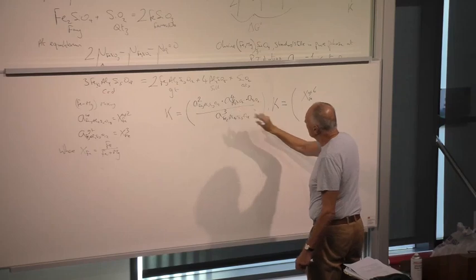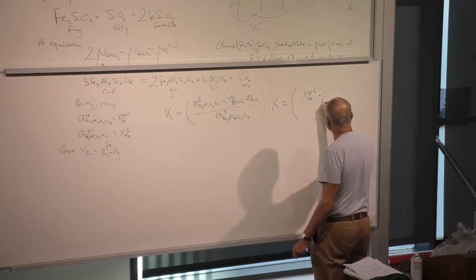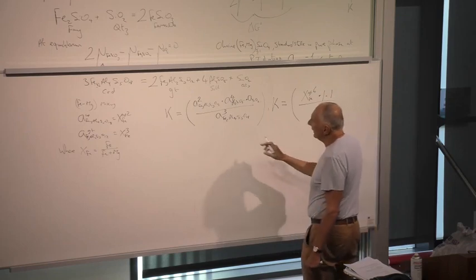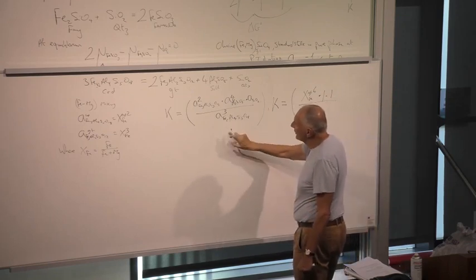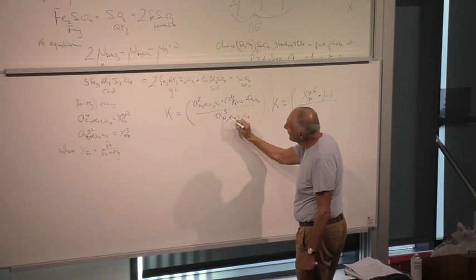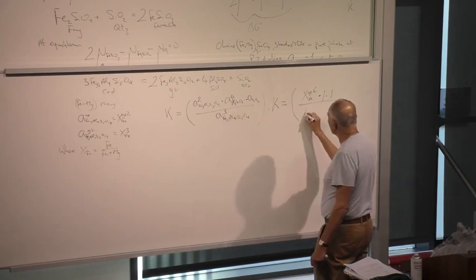We assume that's 1, pure Al2SiO5, pure SiO2, and this is XFe in the cordierite squared is the activity, but it's XFe squared all cubed, so it's also XFe to the 6th.